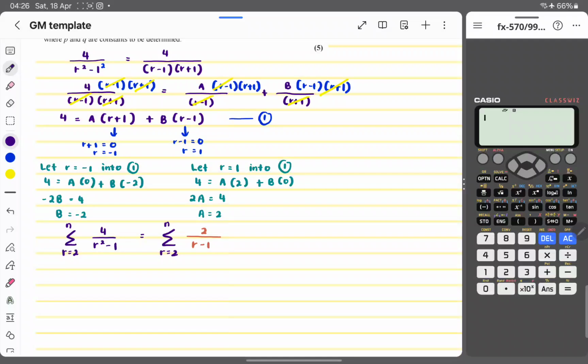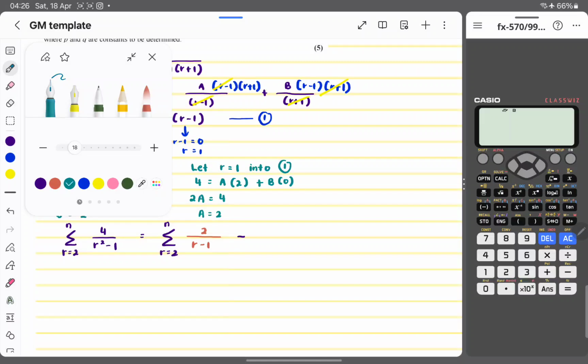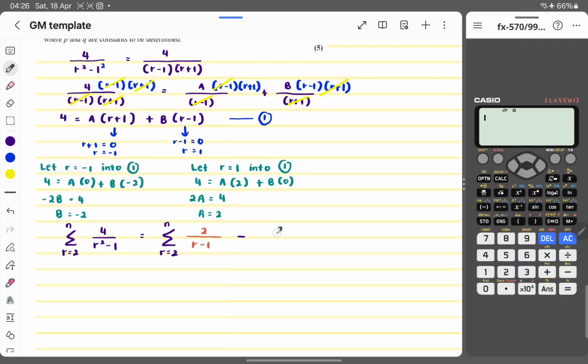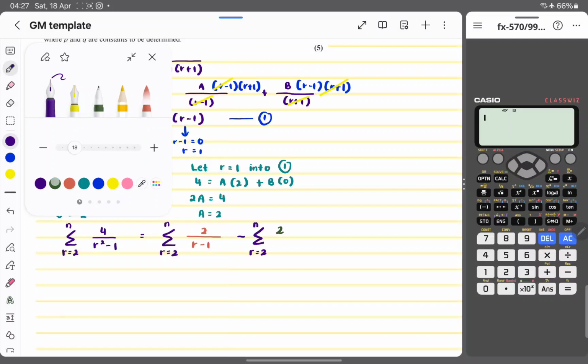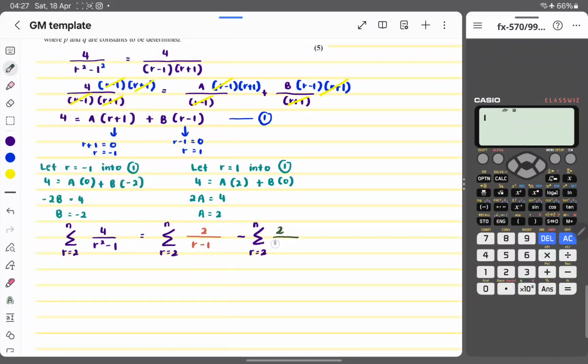And then we have negative 2, that means we can put minus here, and then 2 up here. Okay, so this is more of the series sign. So from 2 until n we have negative, and here would be r plus 1.